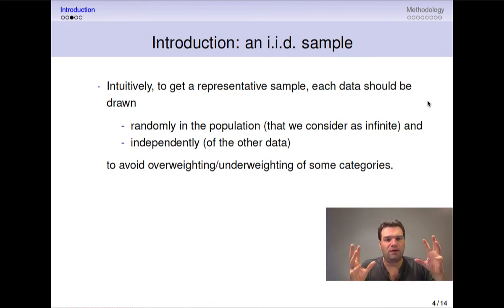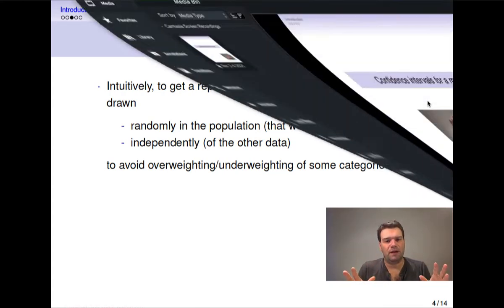Therefore, if you think about it this way, you can imagine that we can get a sample which is representative of the population, which does not intentionally give more weight to some categories. In this course, we are going to consider that the population is infinite.